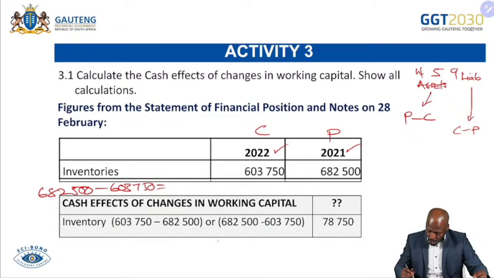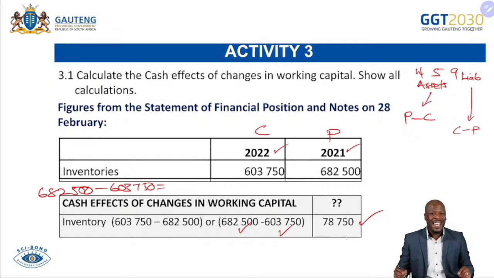I would say 682,500 minus 603,750, and I would get 78,750. The calculator will tell you that there is no minus in front of the amount. That becomes a cash inflow. The other way is where you clearly understand that when my inventory is decreasing, that means inventory is going out. What is coming in? Cash. Remember, they move in opposite directions.